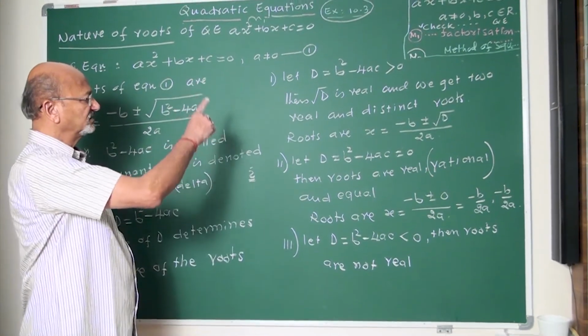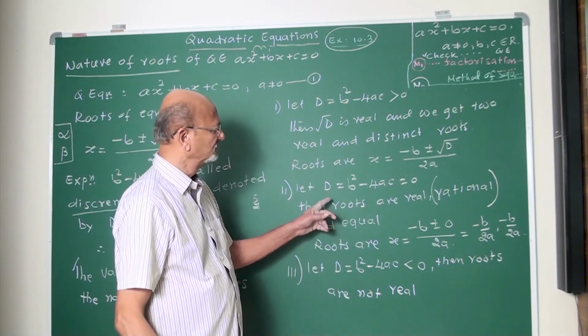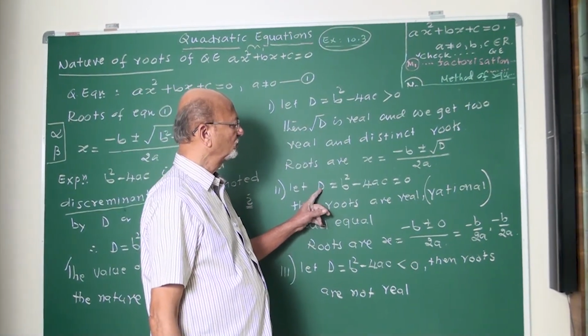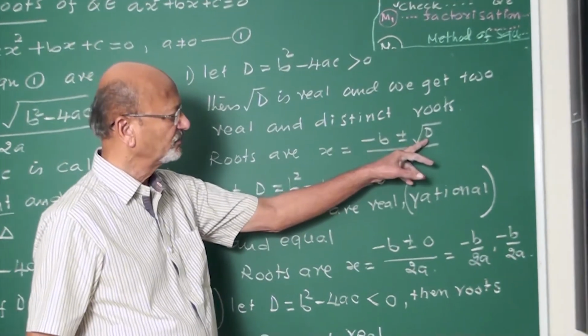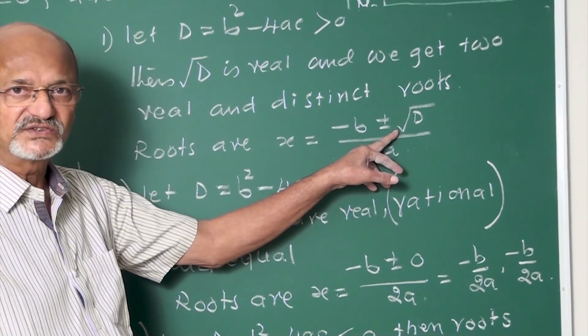Yes, my friends, these are three cases. And one more case is d equal to a perfect square. If d is a perfect square, what about the square root of d? It is a rational number.